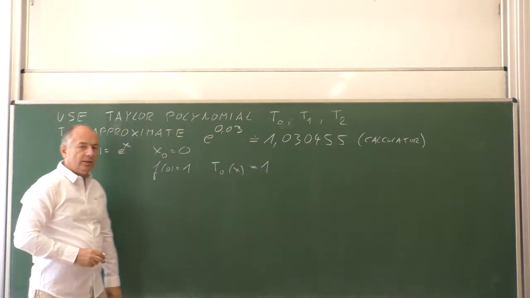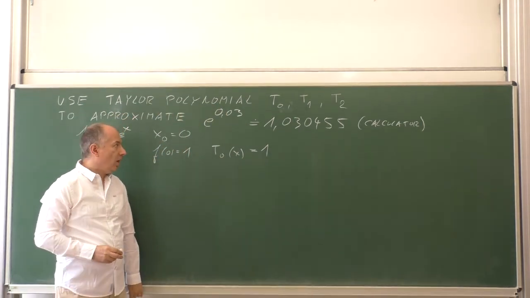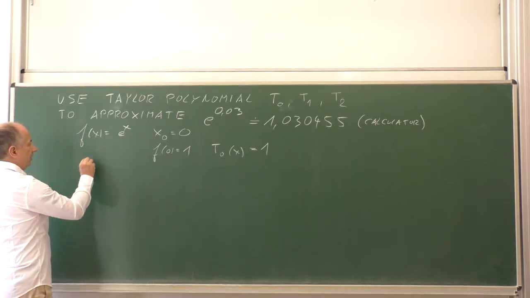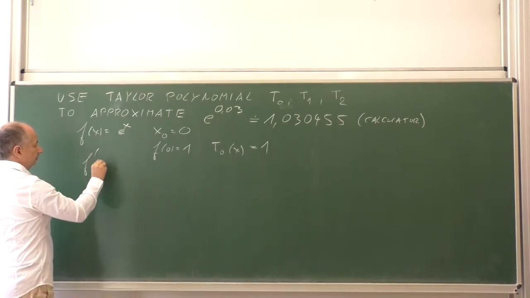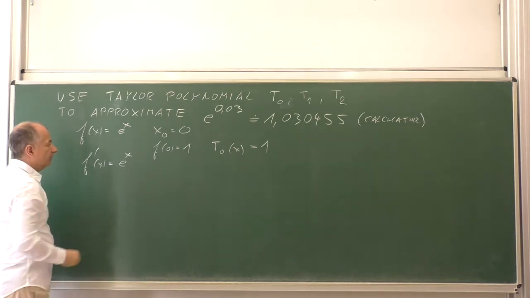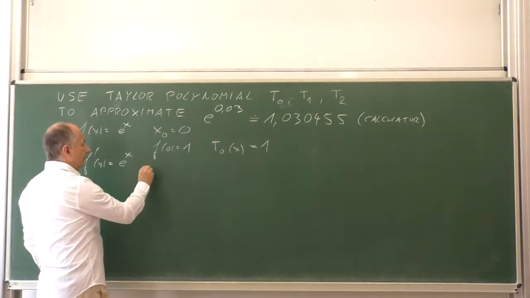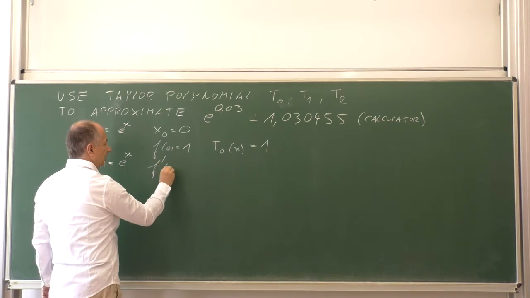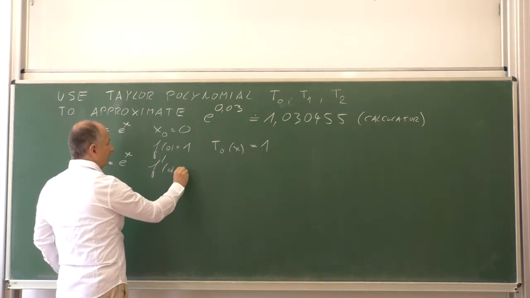To write Taylor polynomial of order 1, we need the first derivative. The derivative of this function is e to x, and we want to evaluate the derivative f prime at 0, which is again 1.